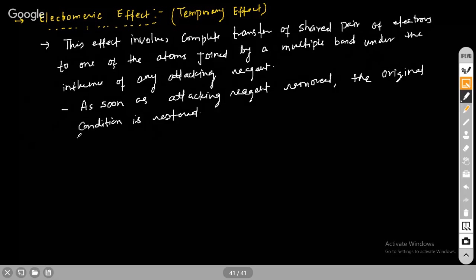This kind of effect is only observed in molecules containing multiple bonds, either double or triple.